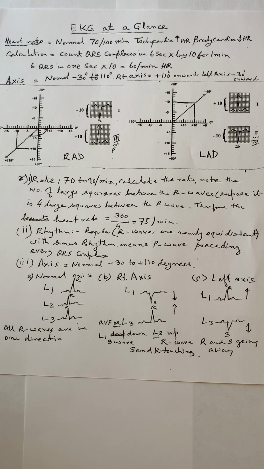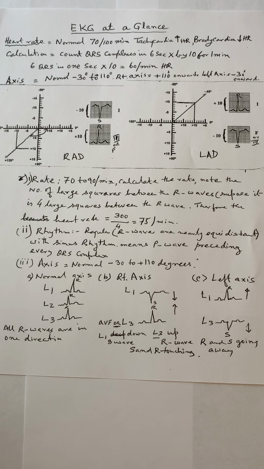Towards that you draw another line. When they meet, you draw a line which cuts the point, and that will be the axis of the heart. So here you will find the axis of the heart is about minus 45 degrees.